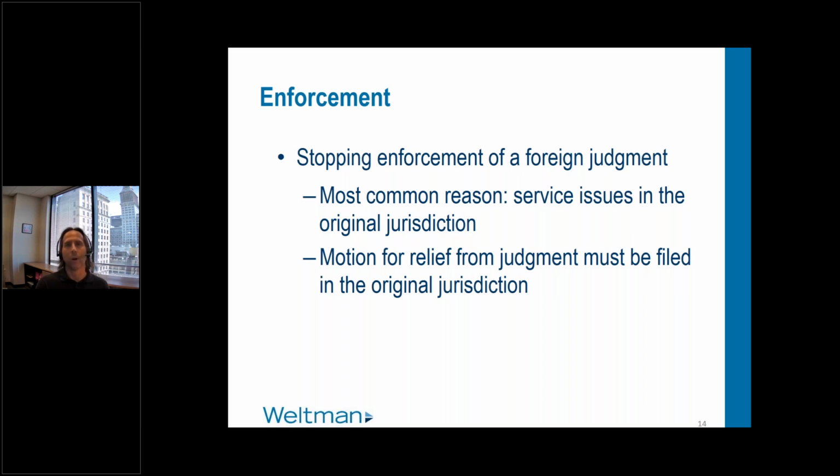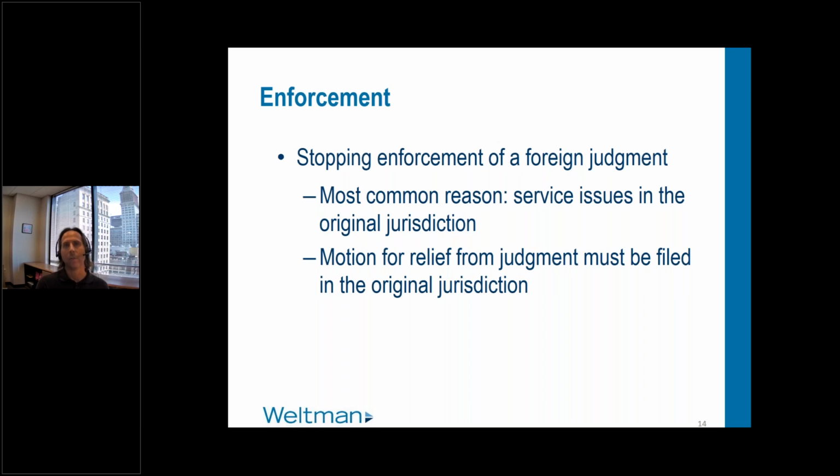Normally, though, what the court will do, and we may help them with this, is push them back to the original court to file for relief, because it could be a valid defense. Like I mentioned before, there's only one judgment. The original judgment is the judgment. So if you're going to challenge it, that needs to be done in the original jurisdiction.